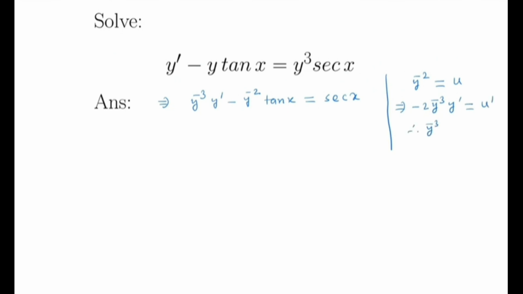So y to the power minus 3 y prime is minus half u prime. So it will be minus half u prime minus u tan x is equal to sec x. By simplifying, we have u prime plus 2u tan x is equal to minus 2 sec x.